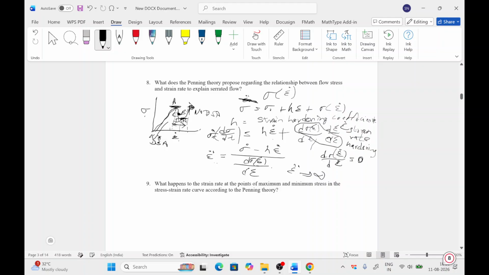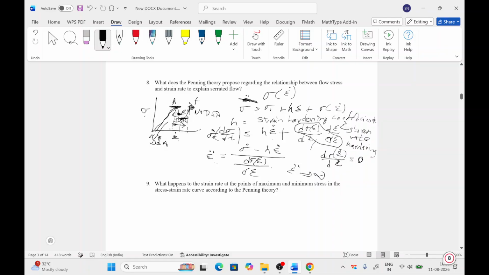But we have to maintain the applied strain rate, so we have to again go backward in this path. Let's say it is F point. So from F to B we are going, and from B to C we have to go.